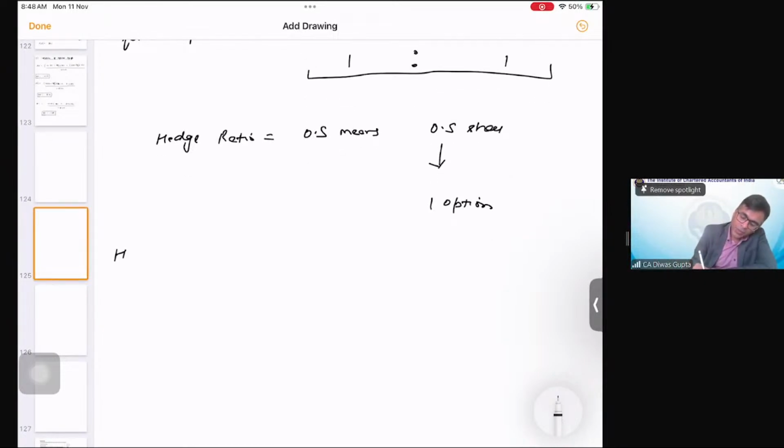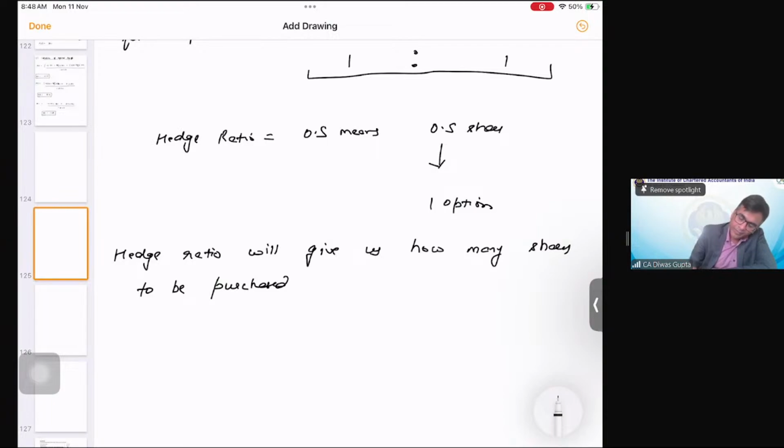So hedge ratio will give us how many shares to be purchased so as to write one call option.